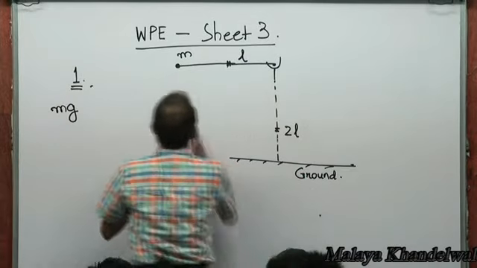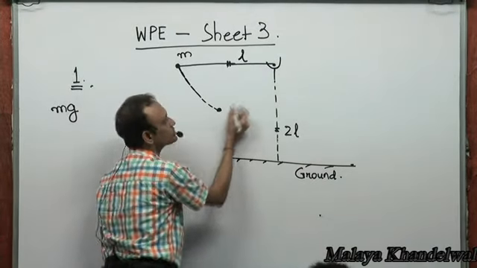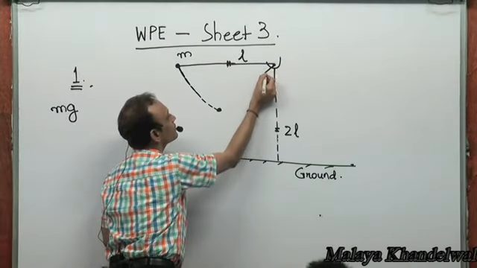So this mass m will execute a circular path centered at this point and of radius L. After a while, the mass m in its circular journey swings to this position, and the string would have tilted by an amount theta referred to the horizontal.